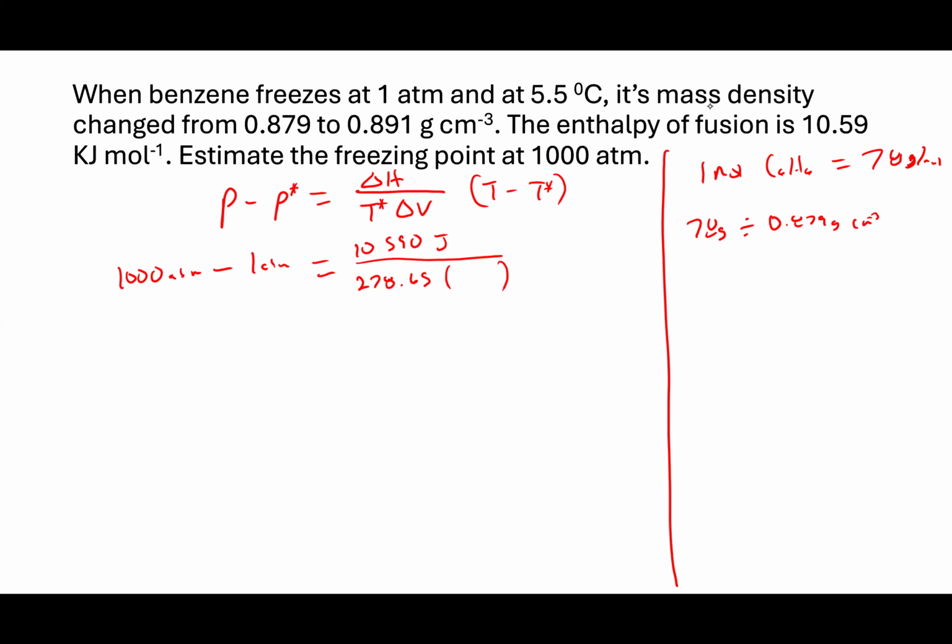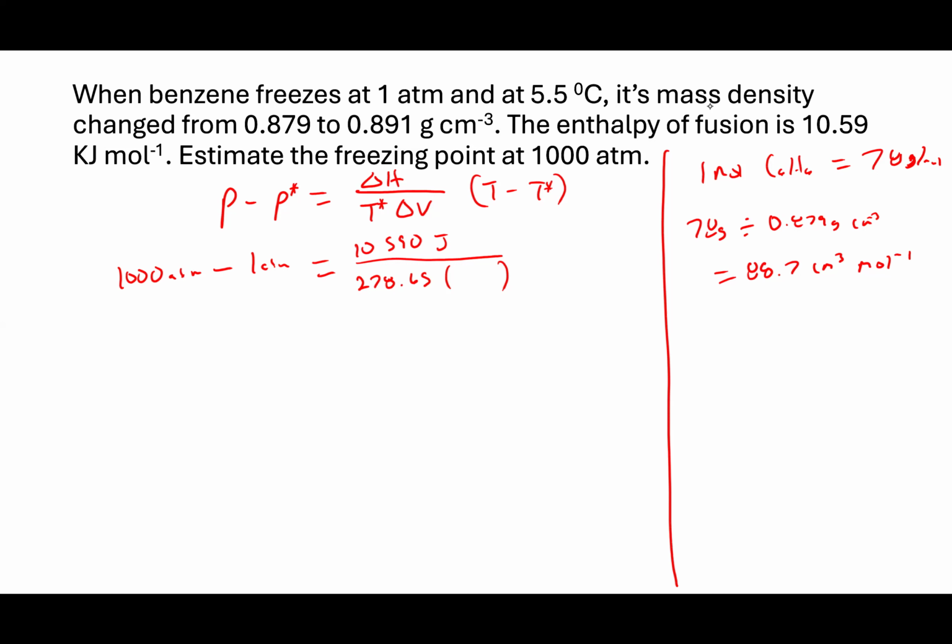And so 78 grams in the initial density would comprise 88.7 centimeters cubed, right? 88.7 centimeters cubed for every 1 mole. That's basically what we're saying here.